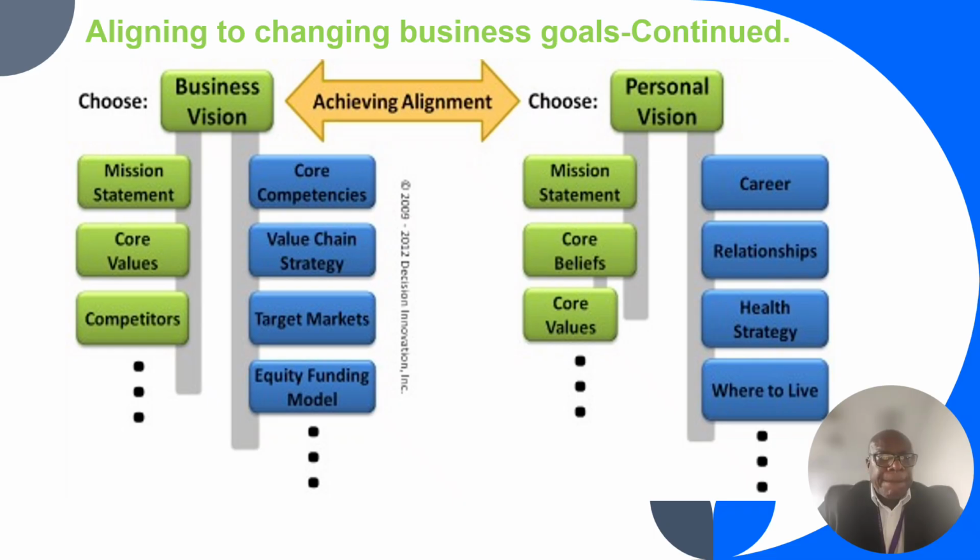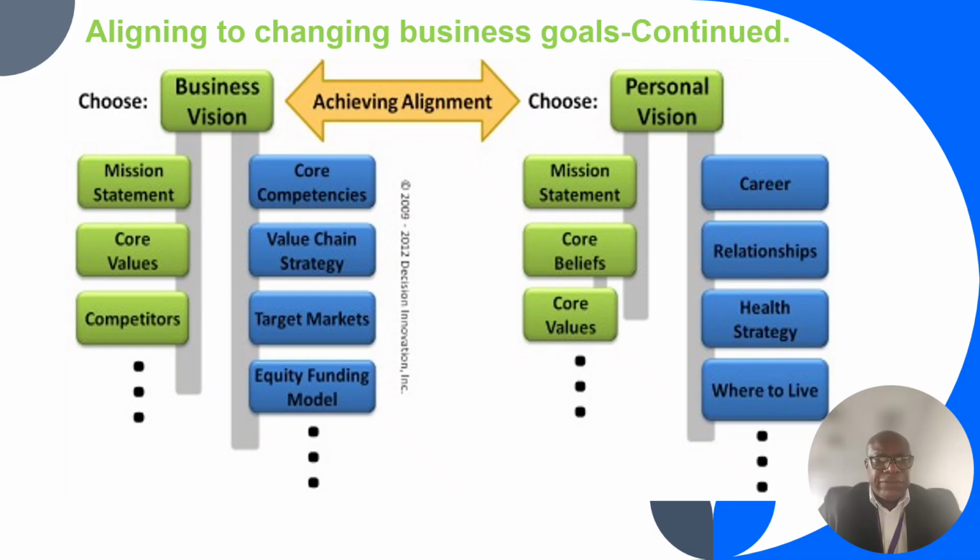You choose from one point, business vision, align with personal vision, stakeholder vision and employee vision, and then you have those on the left hand there, the mission statements, the core values, the strategies, the competitors, and you work with that so as to achieve the new goals. Is that clear, guys?